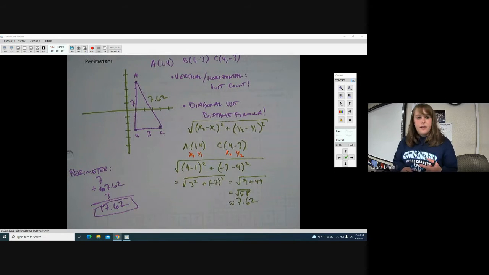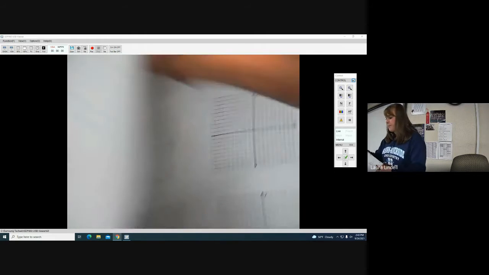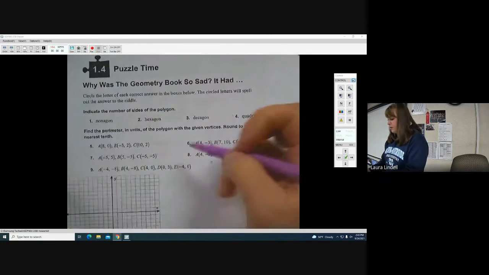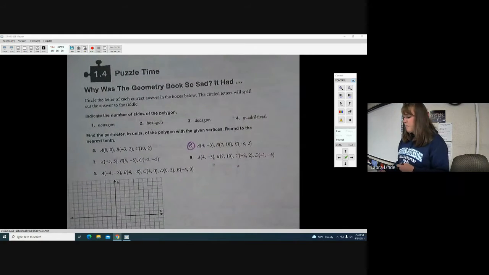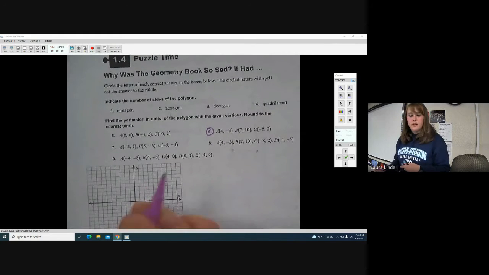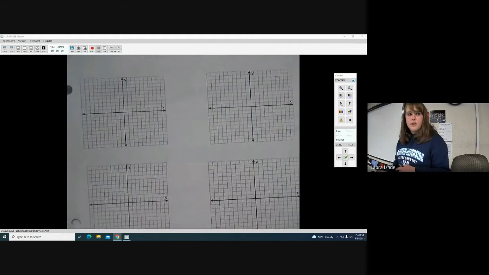All right. So next, we're going to try one of our homework problems together. We're going to do number 6. And I'm going to actually do number 6 on the next page where there's a whole bunch of graph paper. There's one here too that we'll use later. Okay.